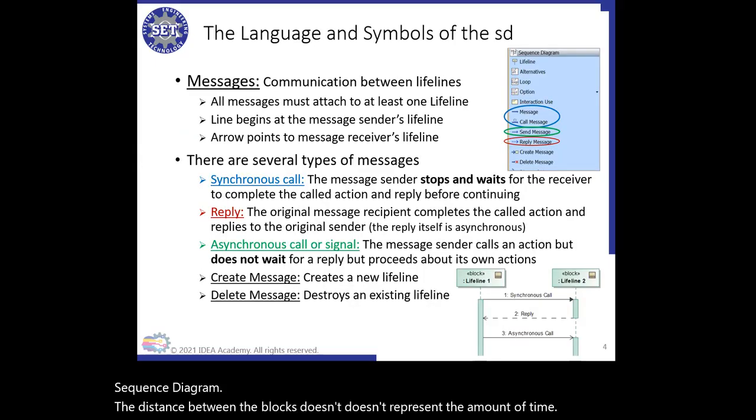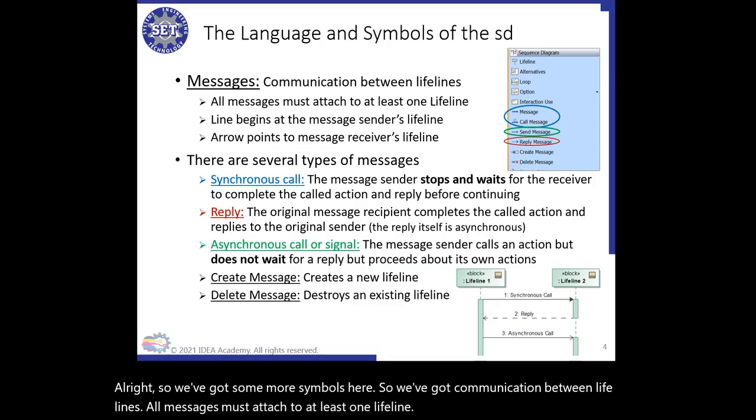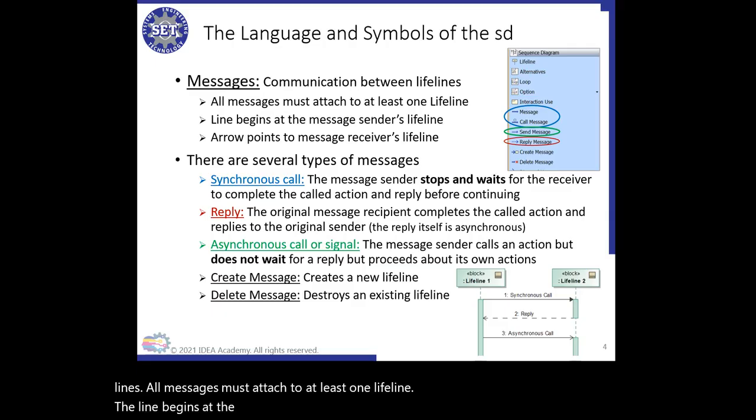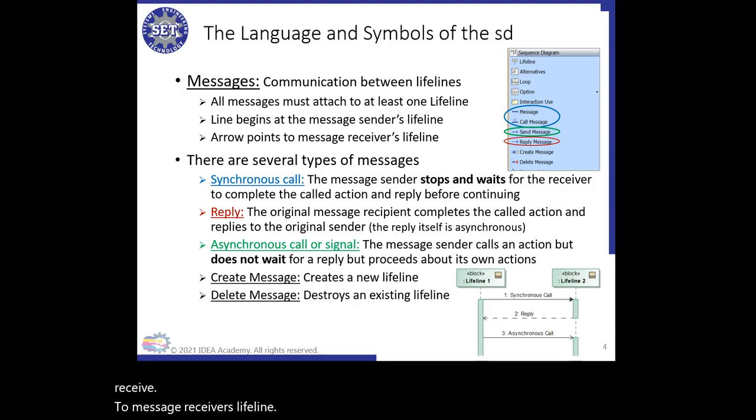We've got some more symbols here: communication between lifelines. All messages must attach to at least one lifeline. The line begins at the message sender's lifeline. The arrow points to the message receiver's lifeline. Let me go over that again, I jumbled that.